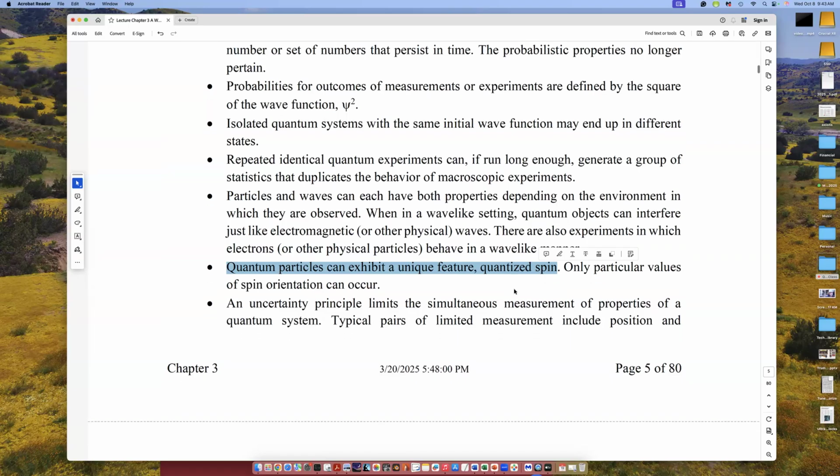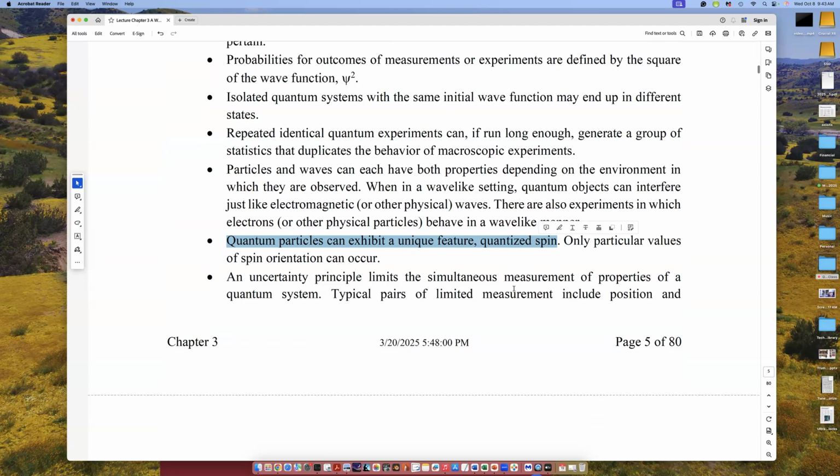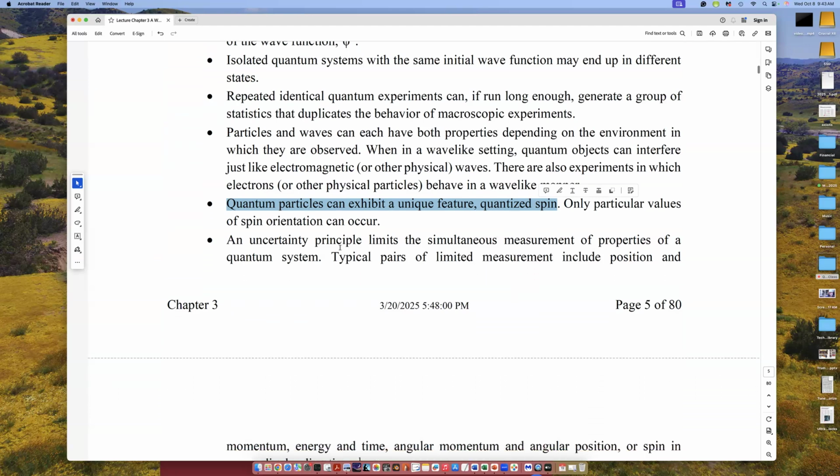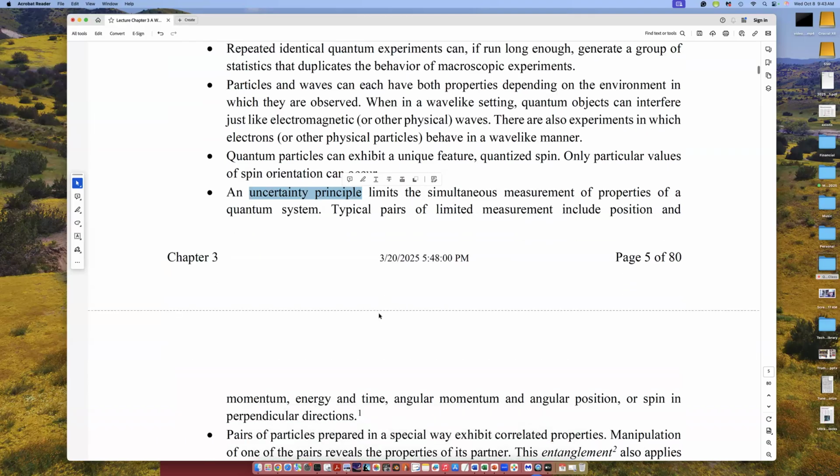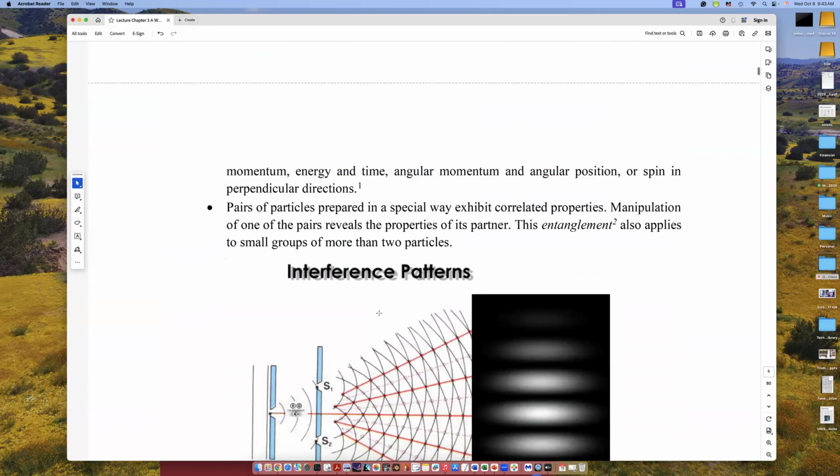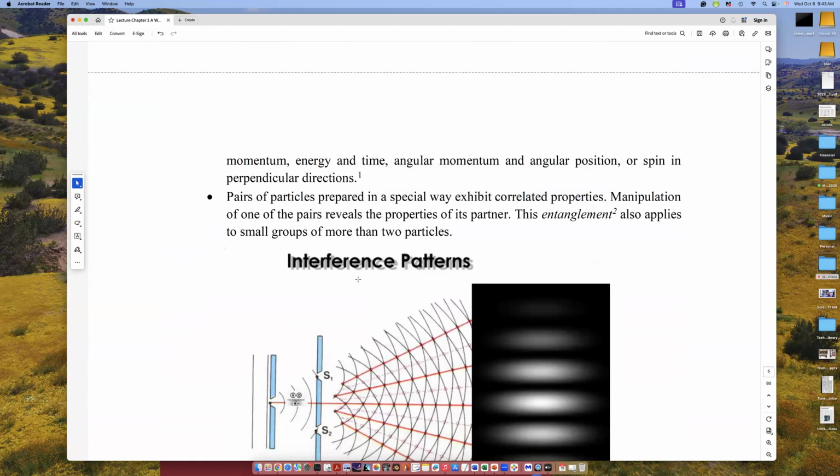And we will get to that, not today, next time. We also were introduced to the idea of an uncertainty principle that limits the quality of estimate we can make for certain pairs of measurements. I'm not going to go into it now, but we will talk about that. So let's talk about these.